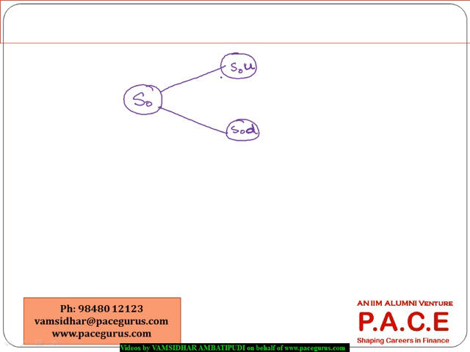If the call option payoff here is CU and the payoff here is CD, here I am talking about X number of shares and one short call.